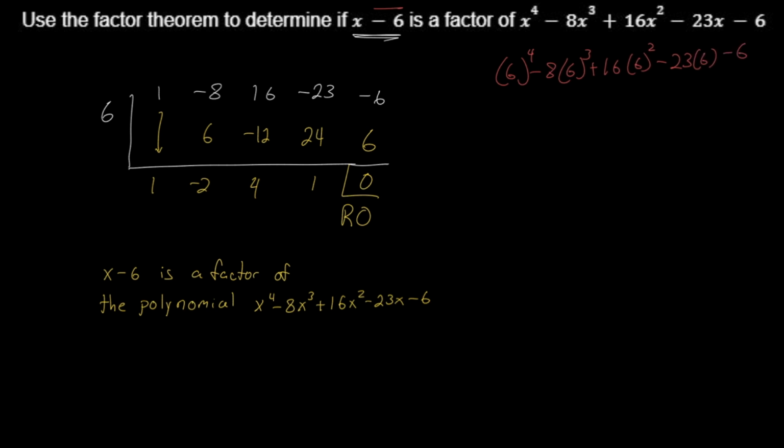If I were to type that in and simplify it all out, we would get the result of 0 according to the remainder theorem, and that also translates to the fact that 6 would indeed be a root of the polynomial, which in turn means that x minus 6 is a factor of the polynomial.